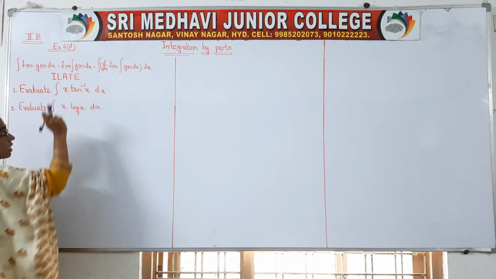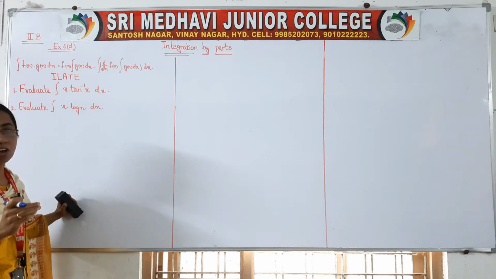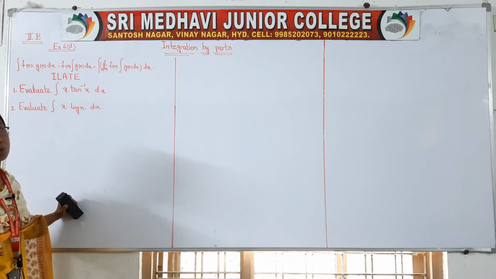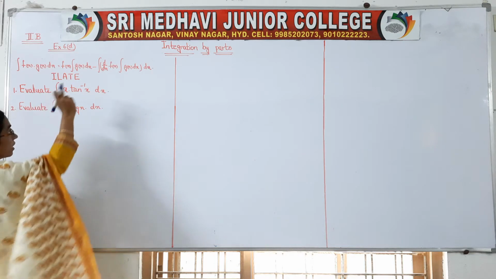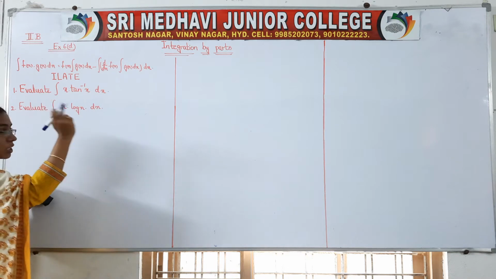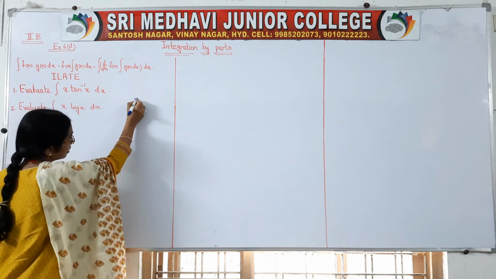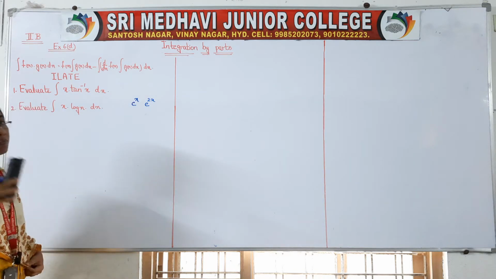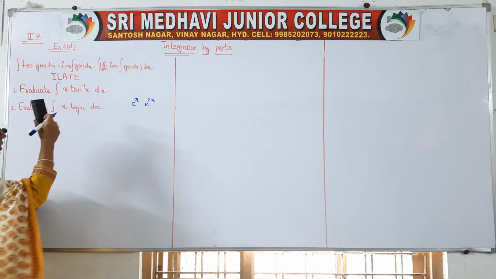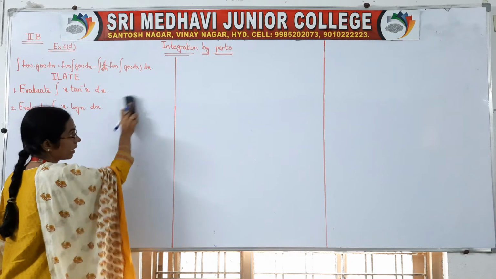Next, trigonometric functions: tan x, cos x, all the ratios, secant x, cosecant x. And the last one is exponential. Suppose your value is e to the power of x, e to the power of 2x, then that will come at the end.